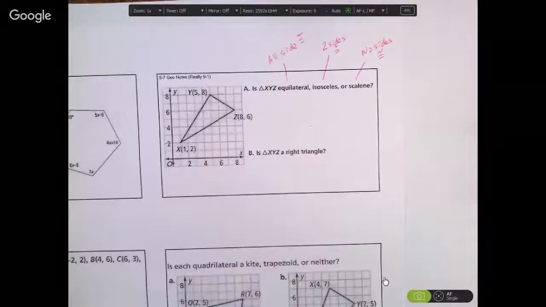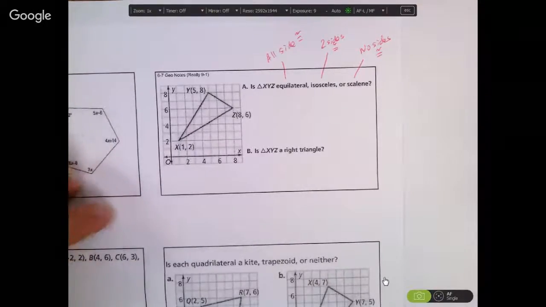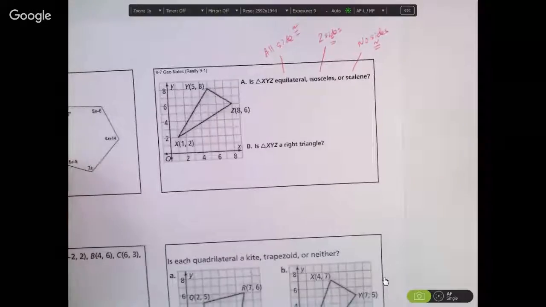How could we figure out? Okay. So basically, we have to do the distance formula how many times? 3. 3 times. Okay. Guys, help me be efficient in notes by not talking, please.